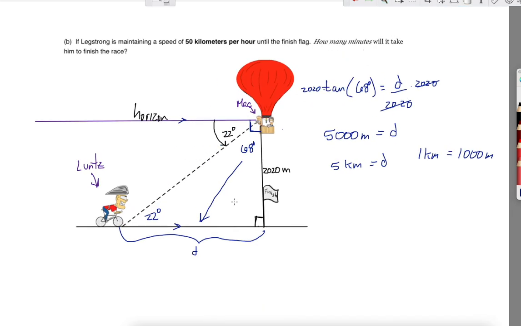Okay, well, this is an extra thing, so you won't see this on any assessment, but distance equals rate times time, or I could say speed. I know that distance equals speed times time.